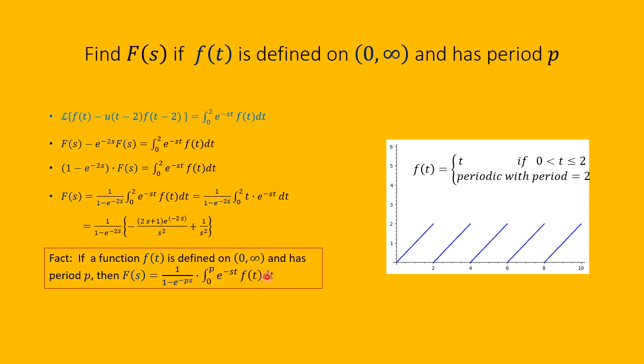We can think of this integral as being some function that depends on the value s multiplied by this, which also depends on s. So this formula does make sense. It does give us the Laplace transform being a function of s, as we would expect it to be.